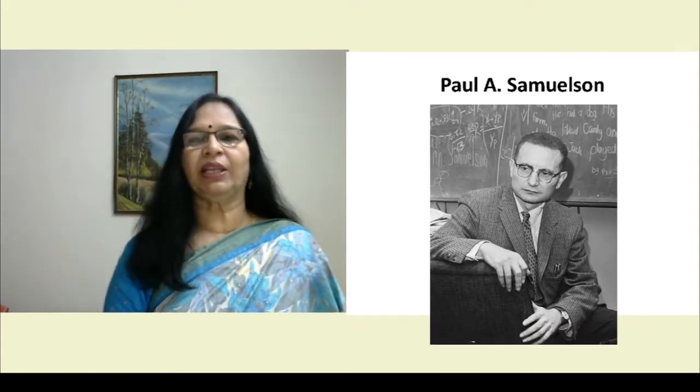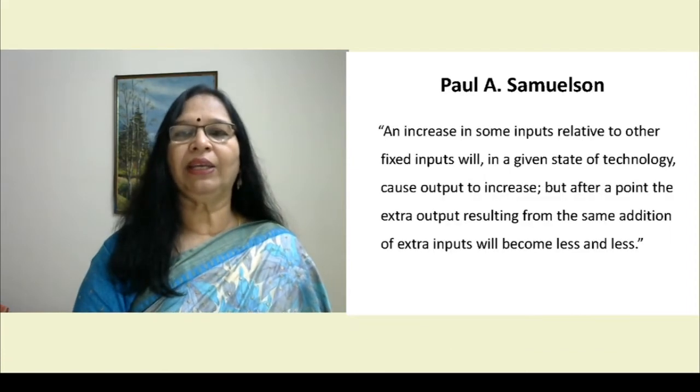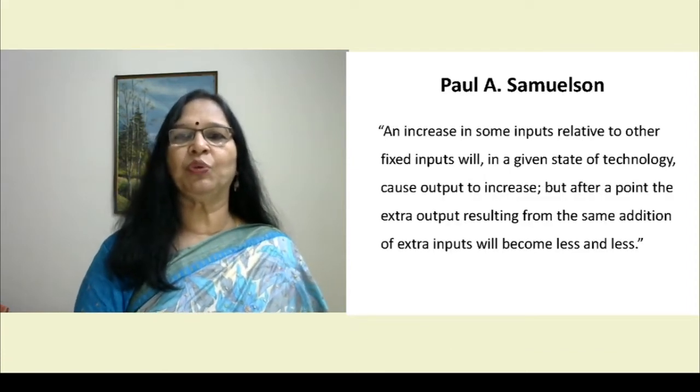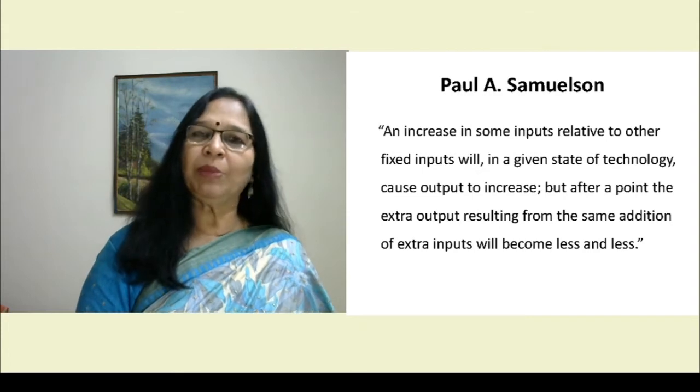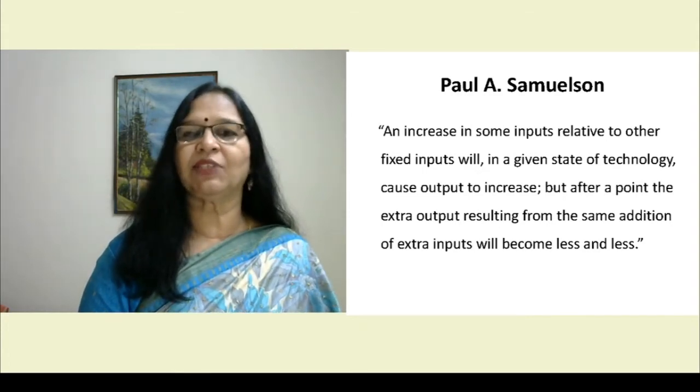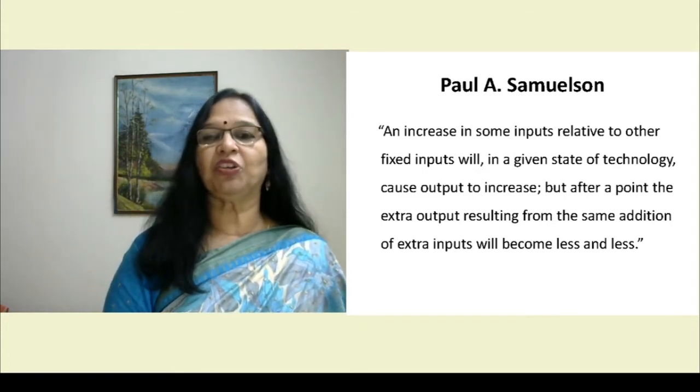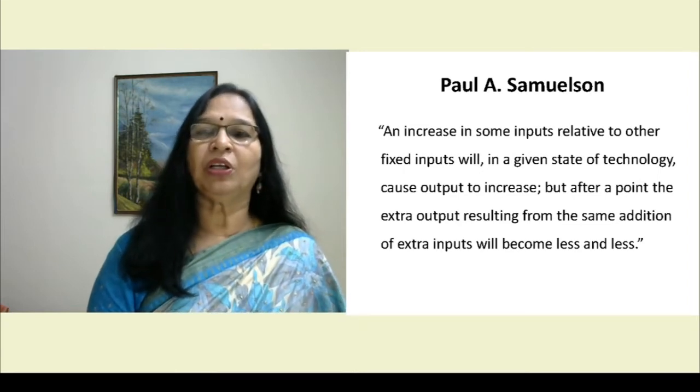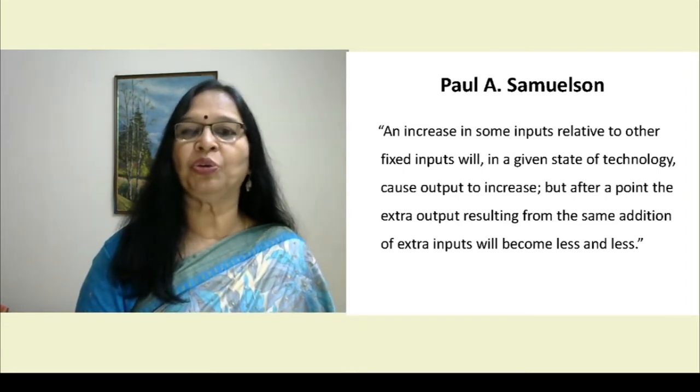Paul Samuelson also much later writes this way: an increase in some inputs relative to other fixed inputs. So some inputs are variable and other inputs are taken as fixed. With a given state of technology, the output will increase.